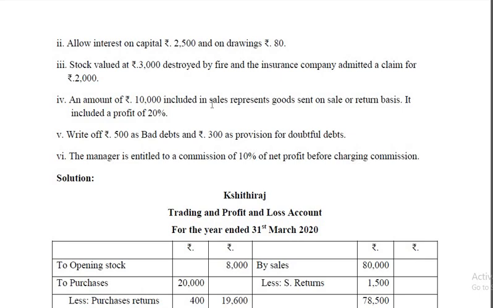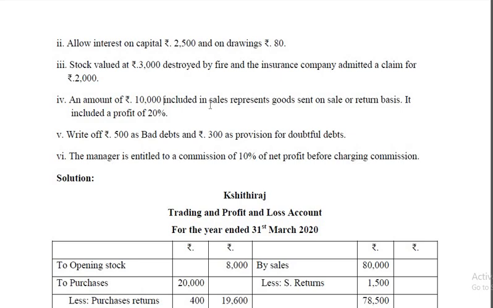That cannot be treated as actual sales, because on any day after the last day of the balance sheet the customer may return the goods, in which case the financial statements will be misrepresenting the financial position of the concern. Therefore, it cannot be treated as actual sales.